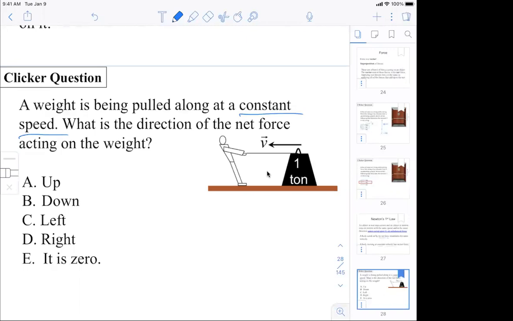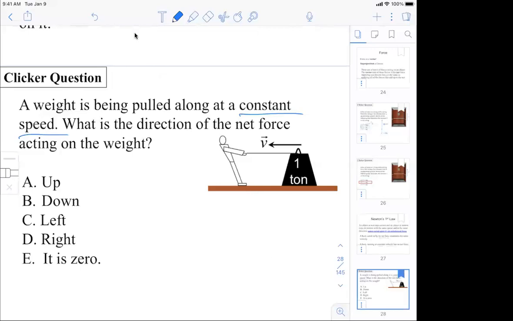Any last minute votes? I'm going to go ahead and close. This is our result. The majority voted for C, to the left. The second most popular answer is E, which is 0. And there are some other answers here and there as well.